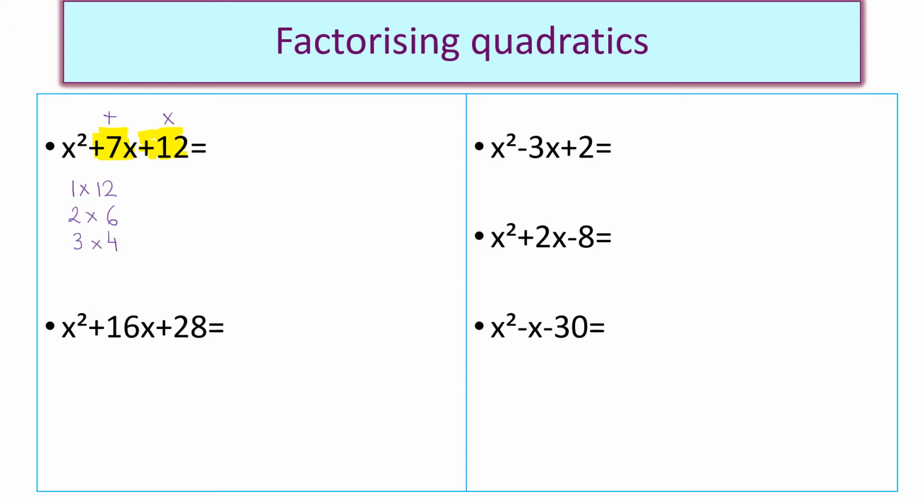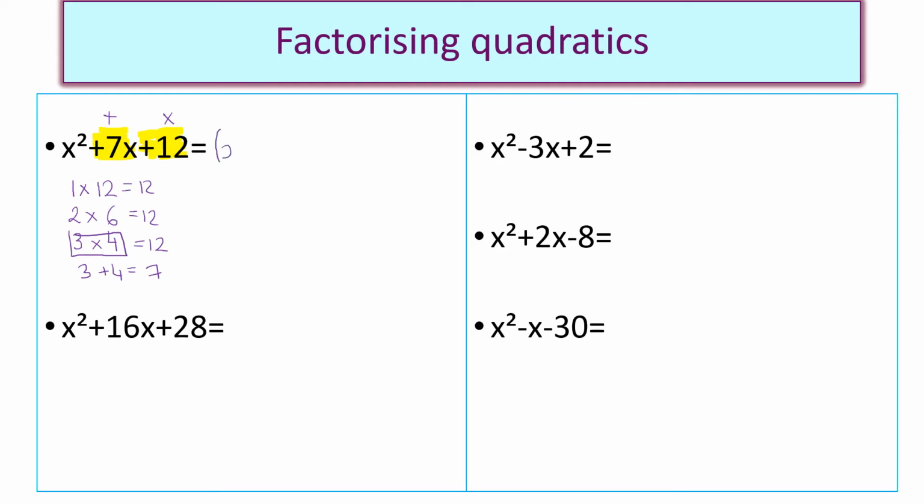All those pairs multiply to give 12. Now, only one of those pairs will give me 7 when I add the two numbers, and that is this one here, because 3 plus 4 is 7. So this is the pair that I actually want.